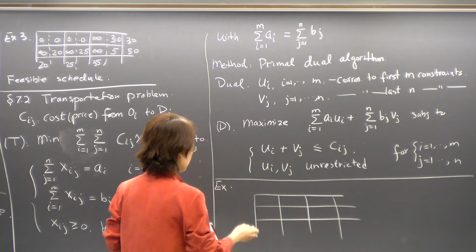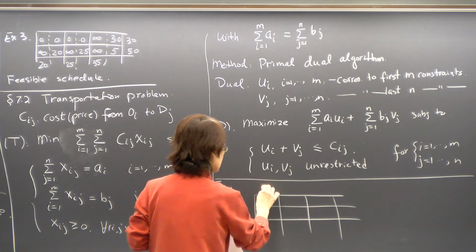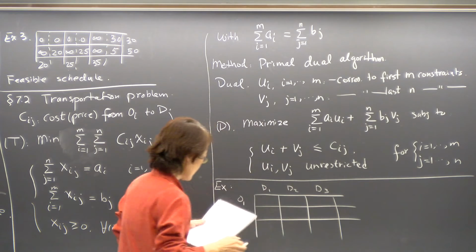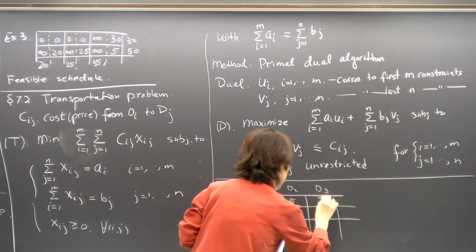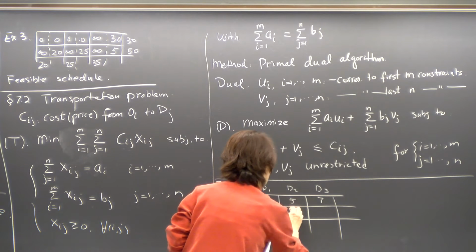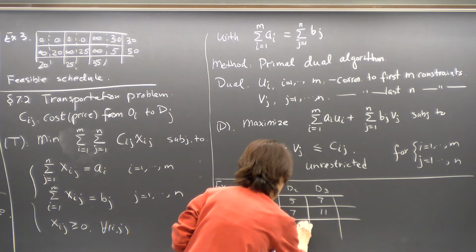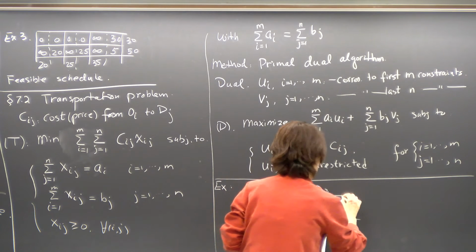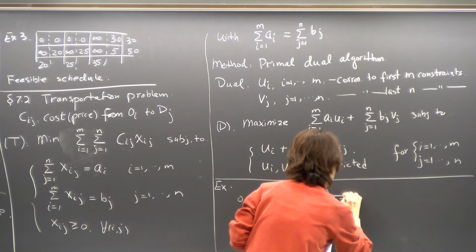So I have 2 origins, O1, O2. I have 3 destinations, D1, D2, and D3. Let's put the numbers in: 3, 5, 7, 4, 7, 11, 20, 25, 35, 30, and 50.